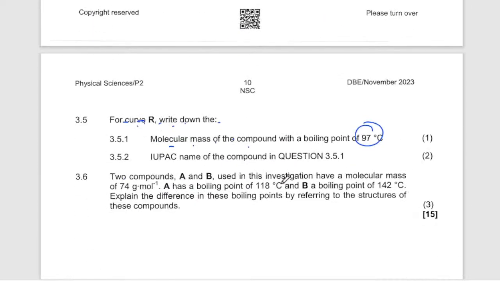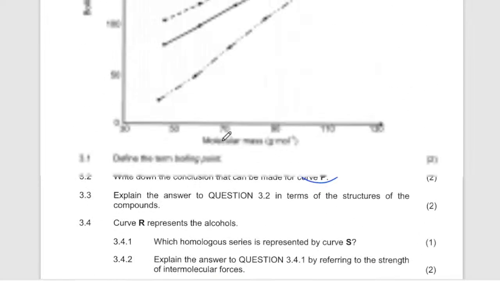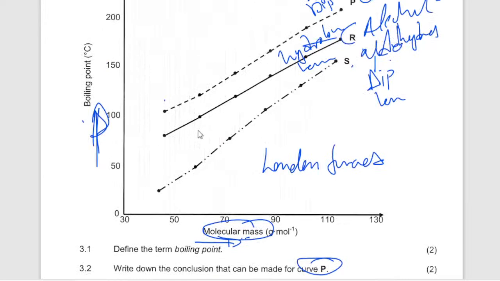Unfortunately, the graph can't show it nicely, but for R the boiling point is around 97. So if you look at 97, it is around here. So I have to draw a line touching down.